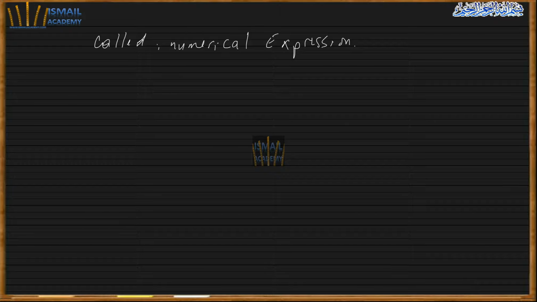So this is the case if we know the value. Either we represent them with Arabic digit symbols, in which case we call them numbers, or if we combine numbers with operators, then we call them numeric expression.